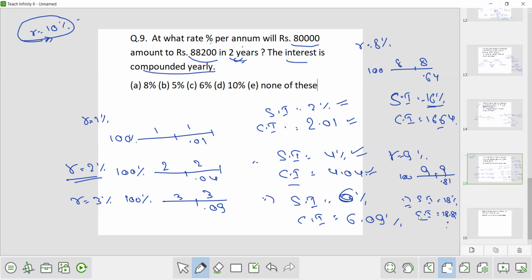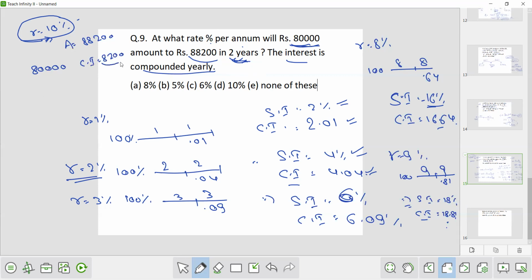Now here you don't have to find the percentage, you just have to make a guess that this percent is just greater than which even number. Here for 2 years, the principal amount is 80,000 and your amount is 88,200, means your compound interest is 8,200.